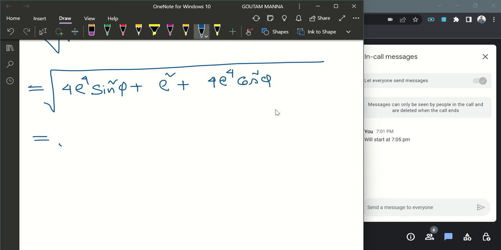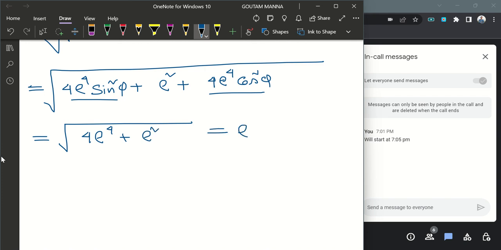If we take these two terms and take 4 rho to the power 4 common, it will be sin square phi plus cos square phi, and that is 1. So we have 4 rho to the power 4 plus rho square, and if we take rho square common, it comes outside as rho, and inside the root we have 4 rho square plus 1.